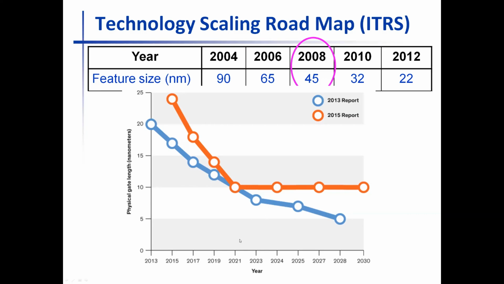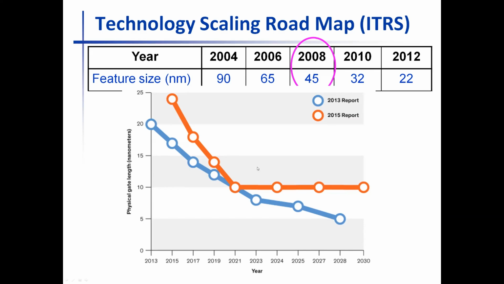So where are we right now? 2019, around 12 nanometer manufacturing process, 12 nanometer feature size. 2023, 7 nanometer feature size. And they predicted that we would keep reducing the feature size even more, right? But clearly it shows the rate of reduction generally decreases. That is what ITRS predicted.